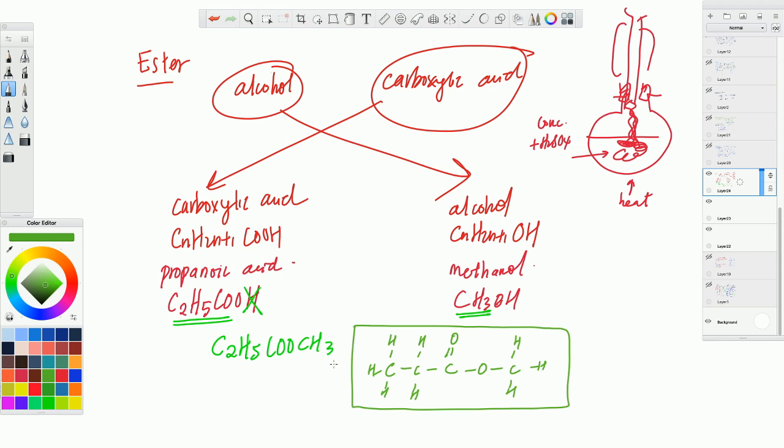Okay, how do you name it? Name is different. For the name, you put the alcohol name in front. So it's called methyl because it came from methanol, and the carboxylic acid at the back. Propanoic acid gives you propanoate, so it's called methyl propanoate, two separate words. Okay, so how do I write the equation?